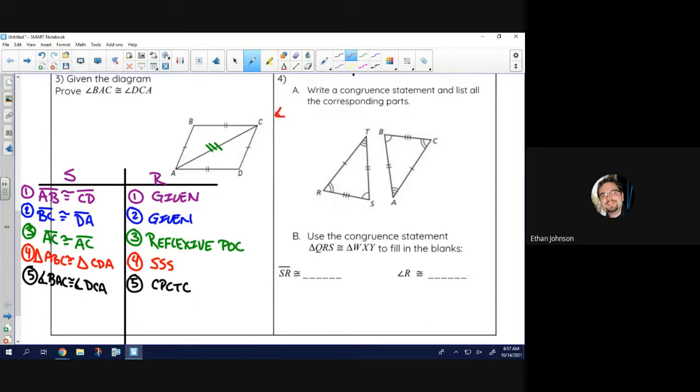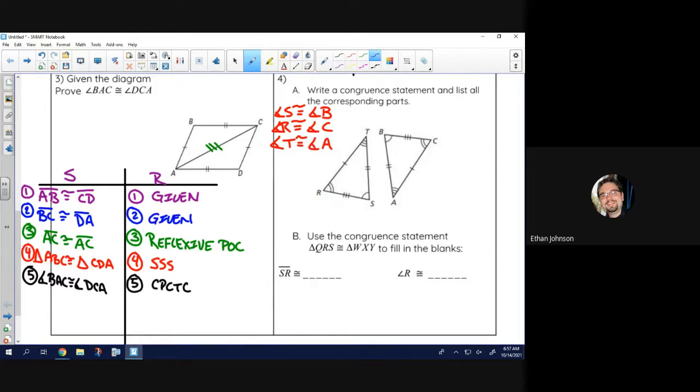So I know angle S has one congruency mark, matches with angle B. I know angle R has two congruency marks, so it matches with angle C. I also know angle T has three congruency marks, so it matches with angle A.